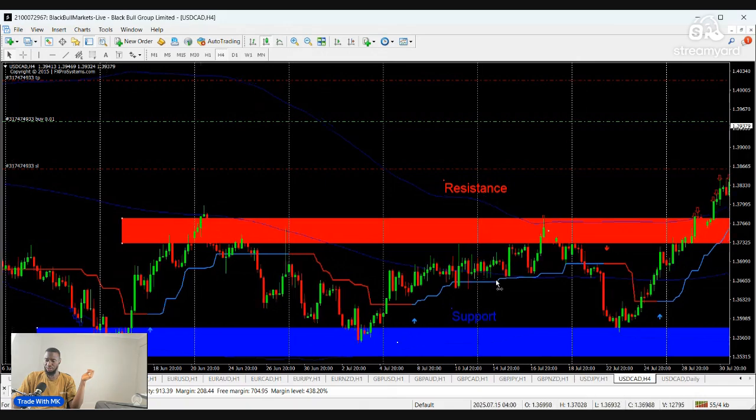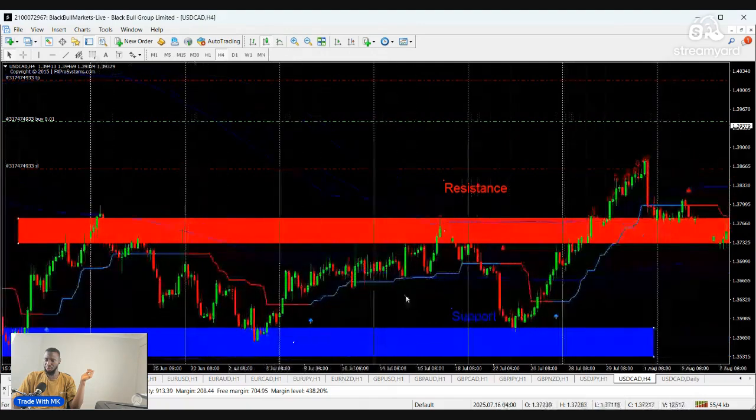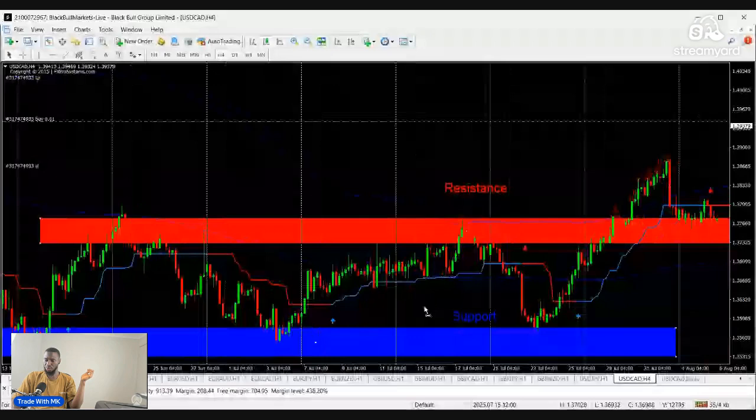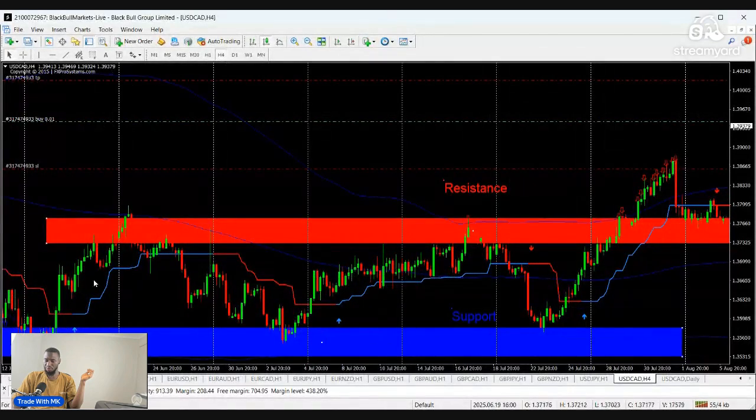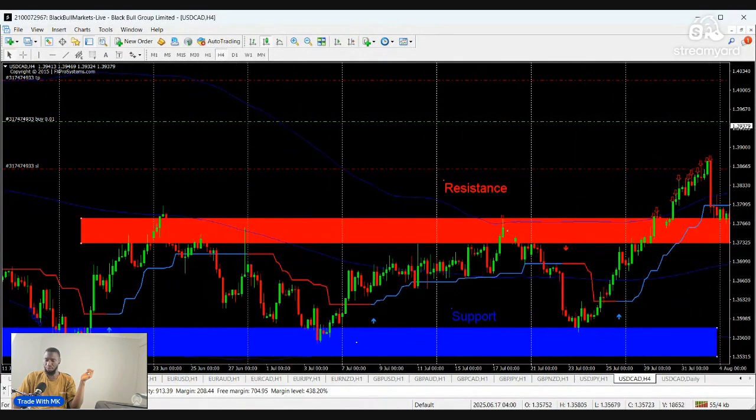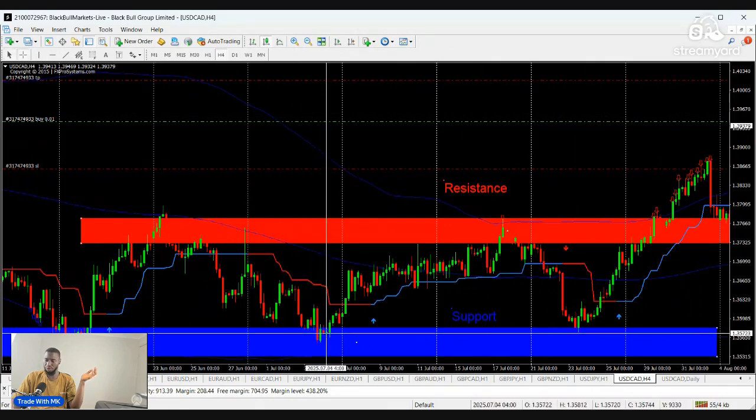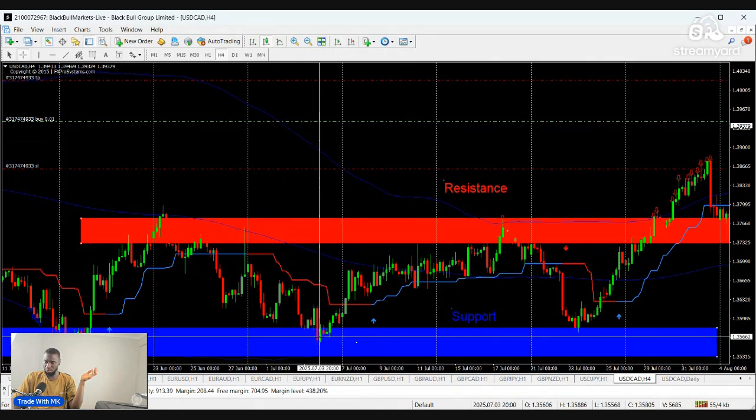Now what happened? Those who were trading support, when the price returned here, knew that the support was here the first time. They would have still made money from here if you are trading the bounce strategy.